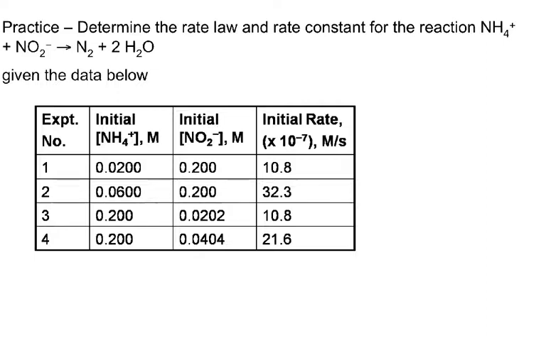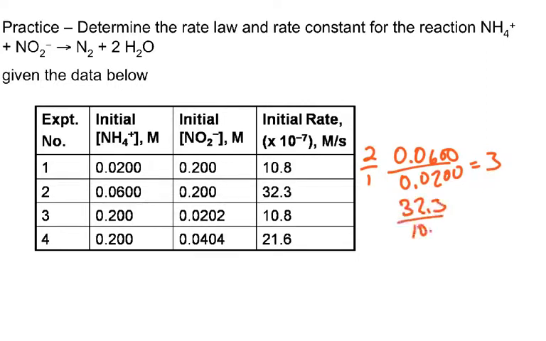So our concentration, we'll do experiment 2 divided by experiment 1, so that's going to be 0.060 divided by 0.020, which gets us 3, and then 32.3 divided by 10.8 gets us 2.99, which is essentially 3.